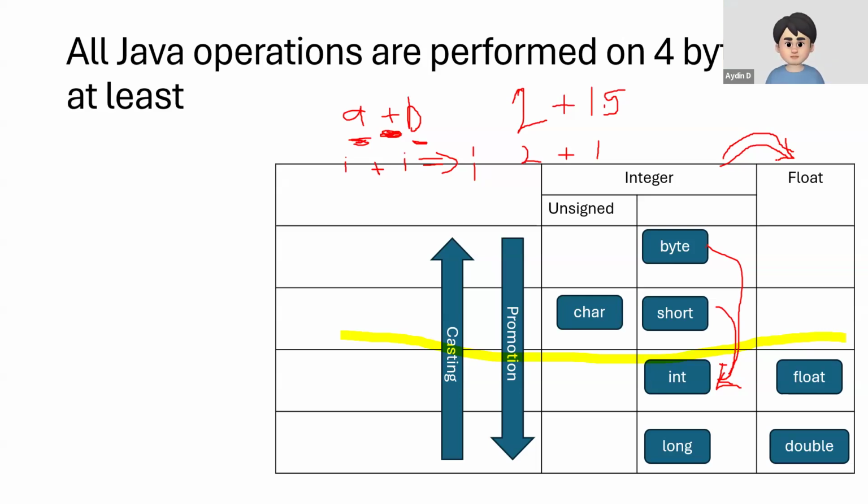No, it'll be long. No. What will it be then? It will be double, because the long is 8 bytes and the float is floating point. So you promote in both directions.